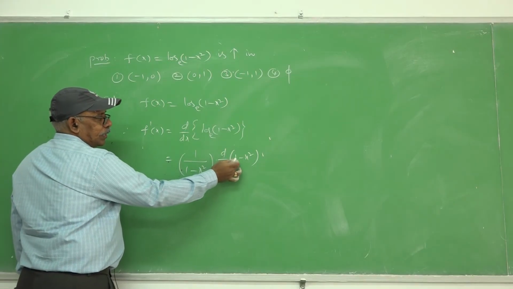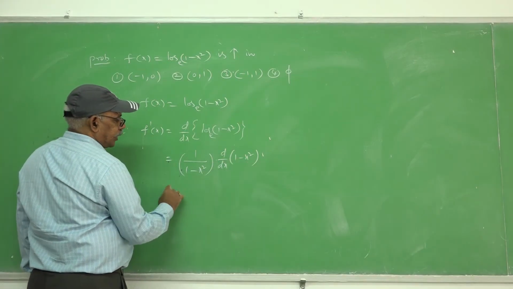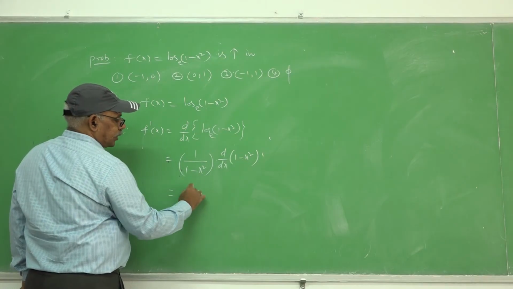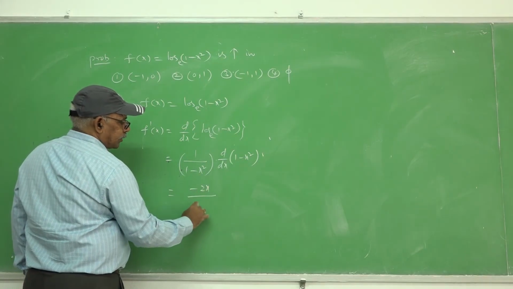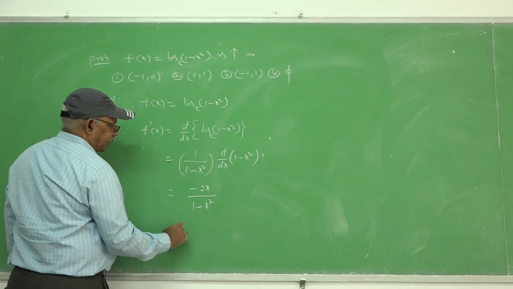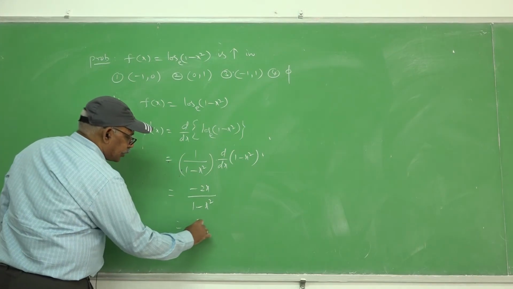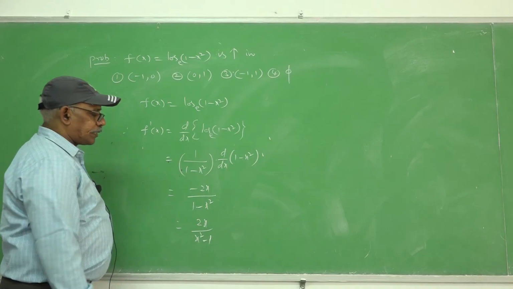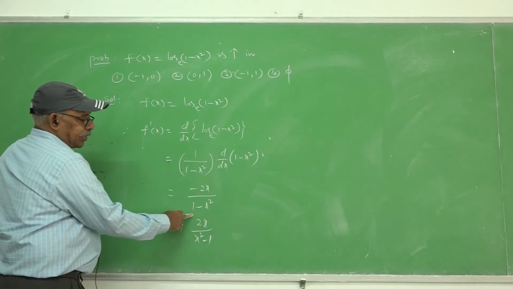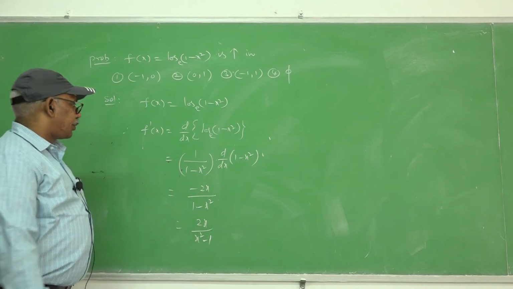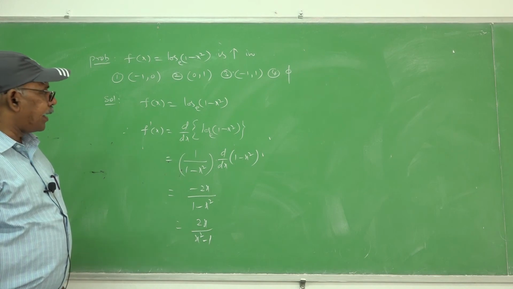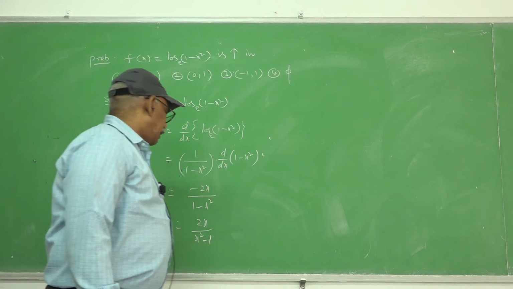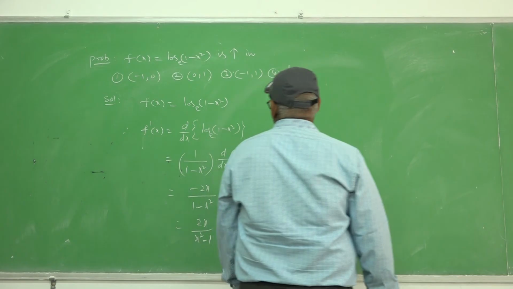The derivative of 1 is 0, the derivative of x square is 2x, hence we get minus 2x here, that is minus 2x by 1 minus x square, which is 2x by x square minus 1. This is f dash x. I am taking the negative sign to the denominator, so that f dash x is 2x by x square minus 1.